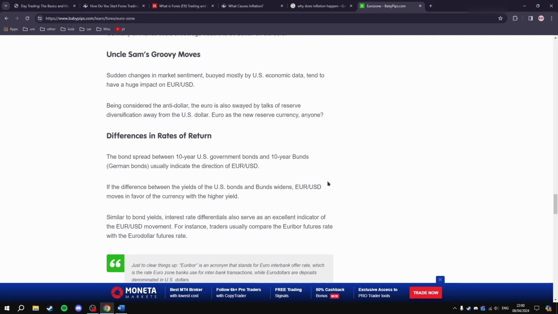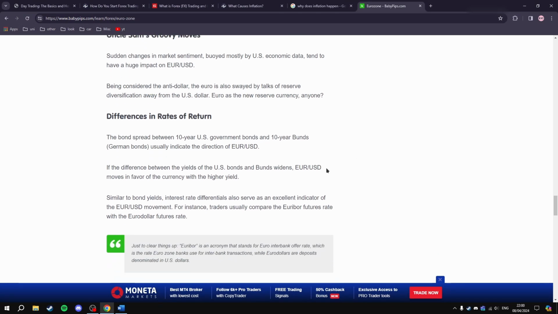Uncle Sam's groovy moves. Sudden changes in market sentiment, buoyed most by US economic data, tend to have a huge impact on the Euro USD. Being considered the anti-dollar, the euro is always swayed by the talks of reserve diversification away from the US dollar.